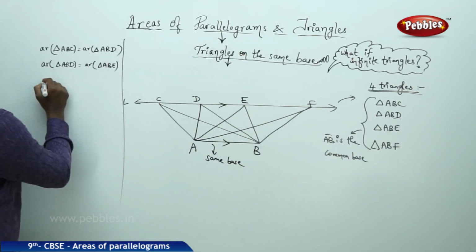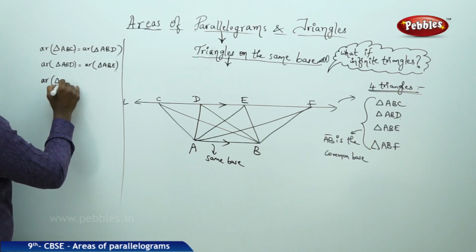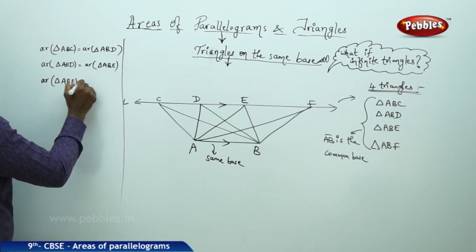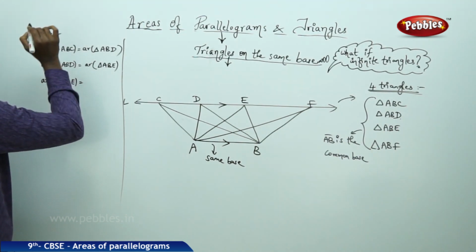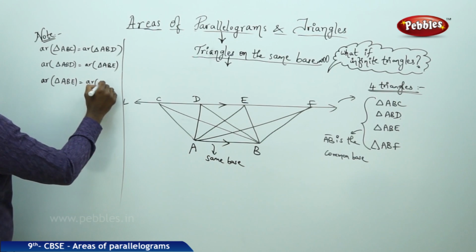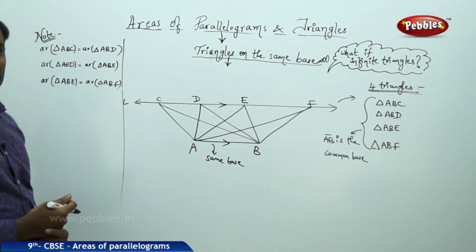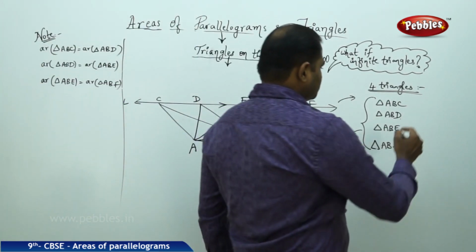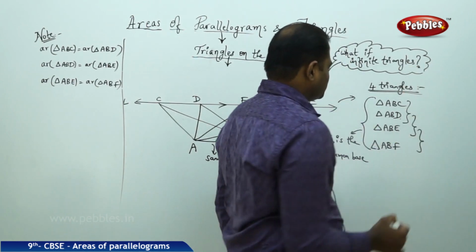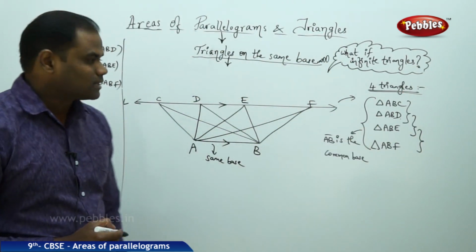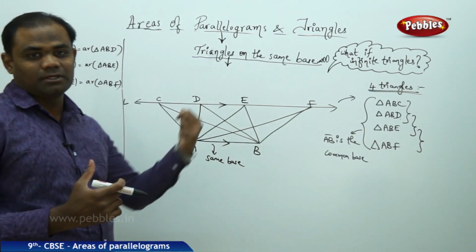Therefore, area of triangle ABE equals area of triangle ABF. This is what we see when I take the first 2 in pairs, then the second 2, then the last 2. So I have totally 3 pairs which define the areas of the triangles being equal.